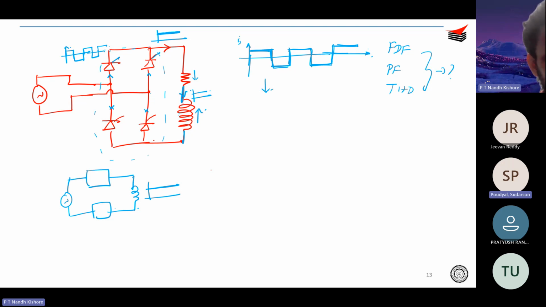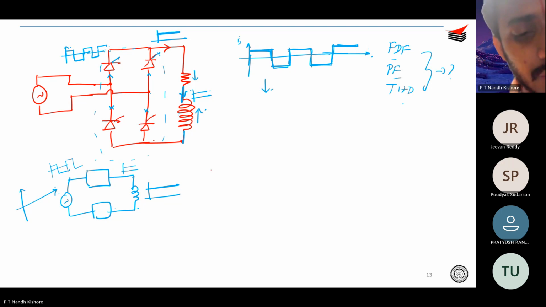Over here, I'm trying to find out what will be the shape of the current. I agree that this will not happen in reality perhaps, but still, for finding out the expression, this assumption is valid, right? I'm assuming these are just switches which can make this DC current alternating over here. Got it? Yes, sir. Okay.